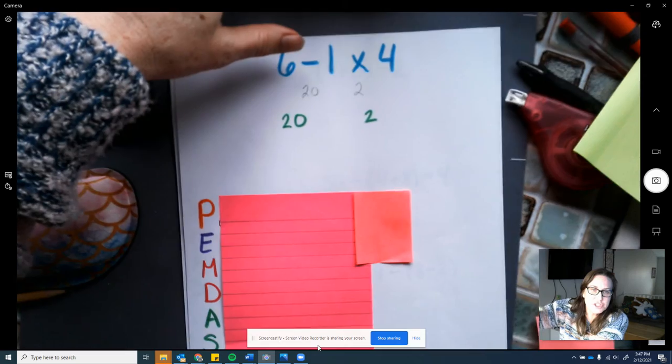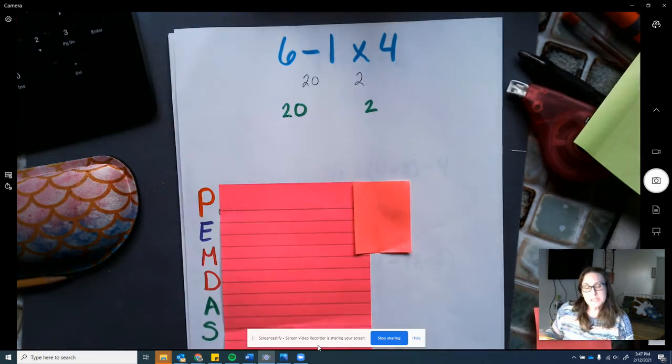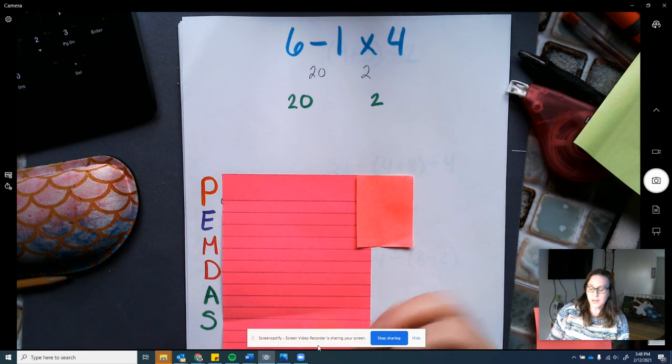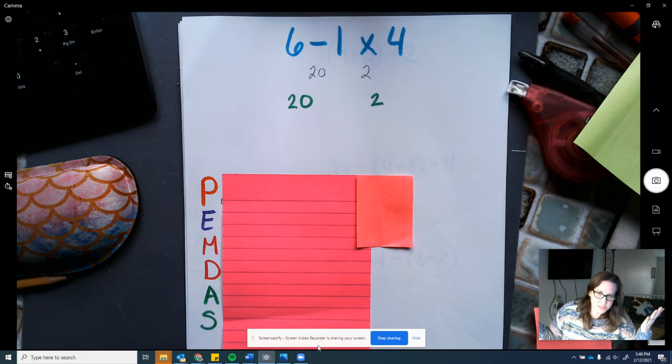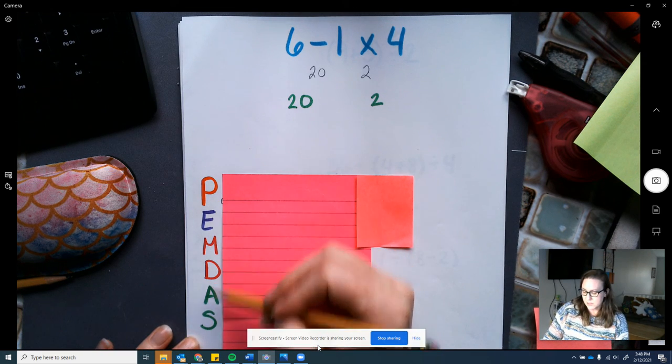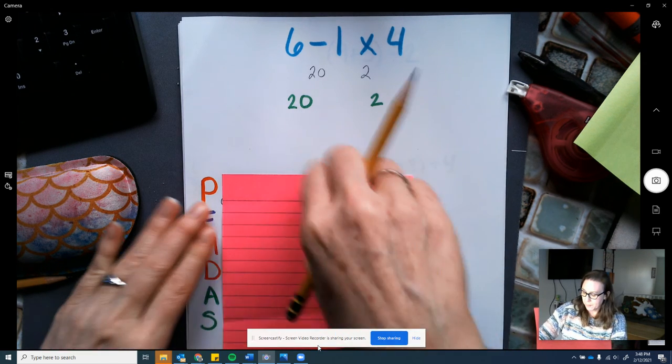Different teachers use slightly different acronyms, but PEMDAS is the one that we're going to use in 6th grade. PEMDAS tells us what we have to do first.